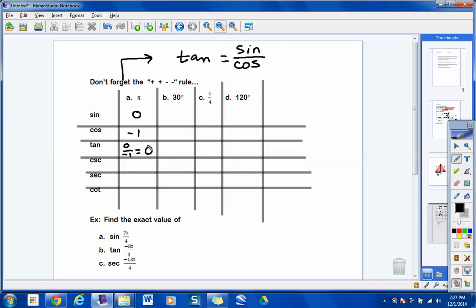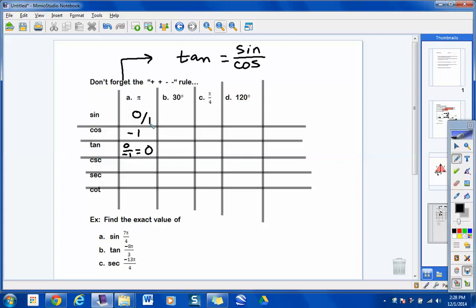Okay. We want the reciprocals of the three main functions. So how about cosecant? What's that the reciprocal of? Sine. Now, do you guys agree right here that sine is really 0 divided by 1? So if I reciprocate this, what are you going to have in the denominator for your cosecant? 0.